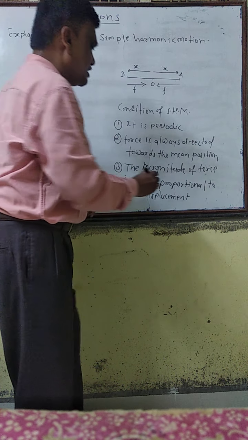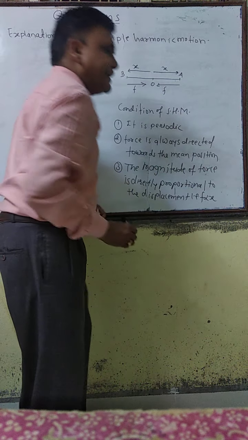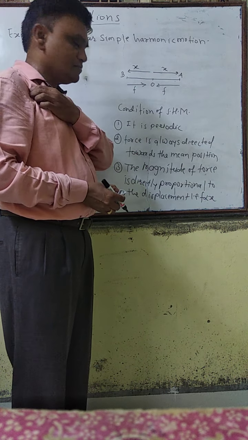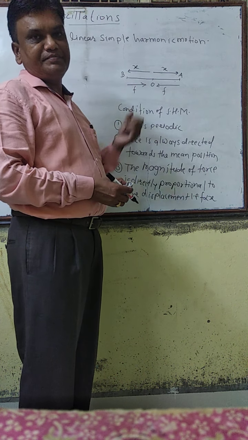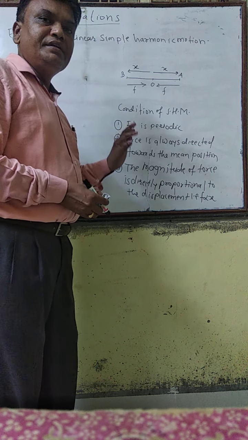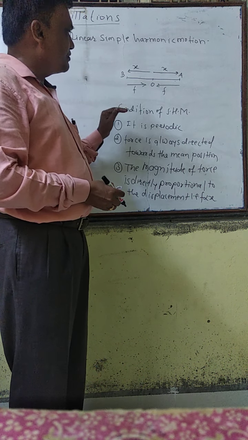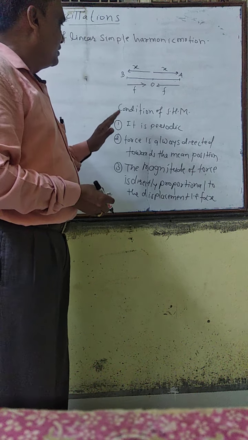Directly proportional to displacement. That's why F is directly proportional to x. So these are the conditions of SHM. All these conditions are satisfied by this motion. That's why this motion is called linear simple harmonic motion.